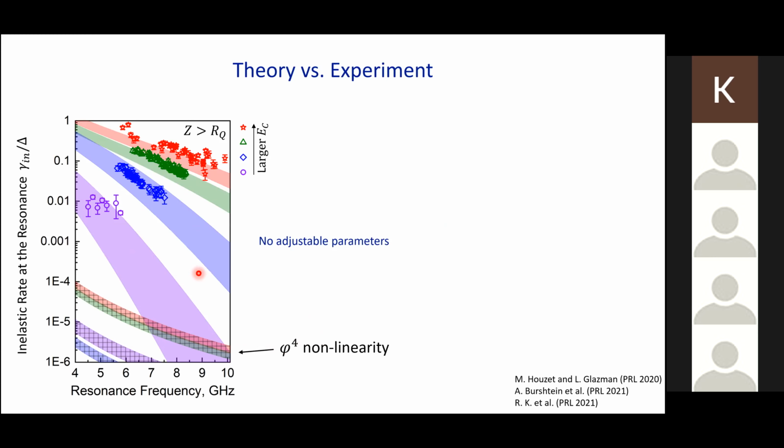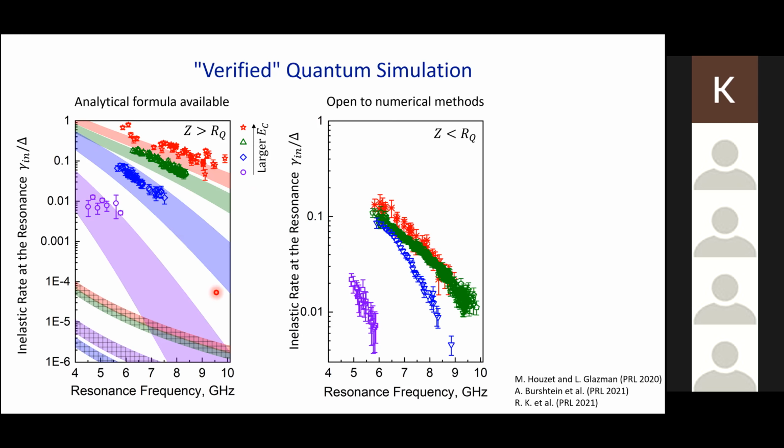Since we found this analytical expression and can indeed confirm that what we see is related to phase slips, we can now move to a different regime. For example, make the interaction with the impurity stronger, and this can be considered a verified quantum simulation.